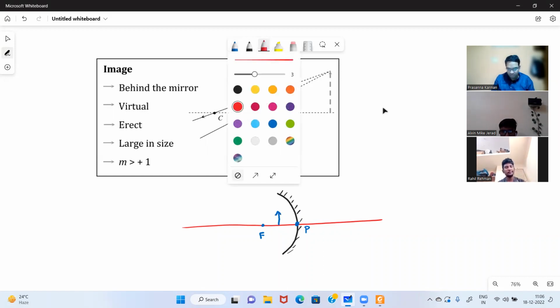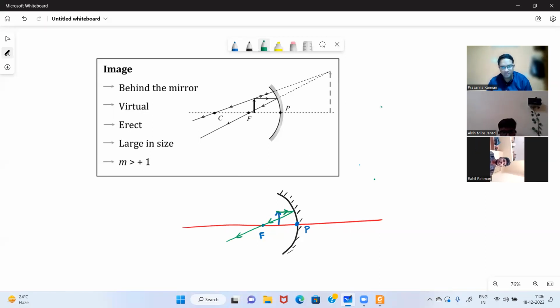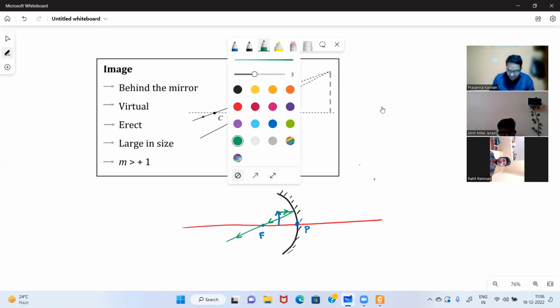Now, if we draw a line parallel to the principal axis, after reflection it will pass through the focus. Understood? Yes, sir. Then we will draw another ray.